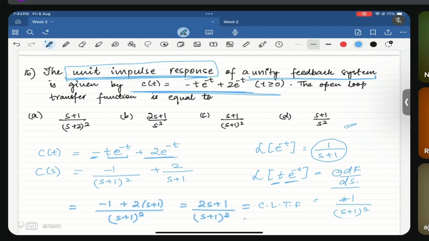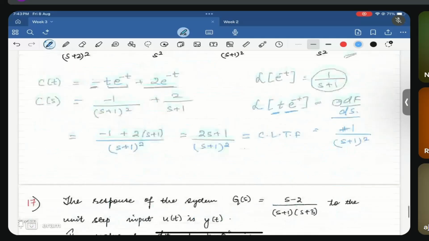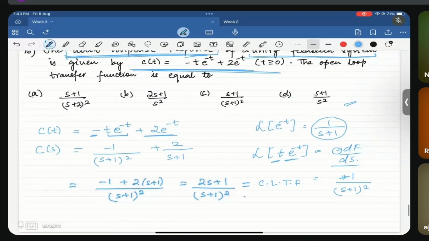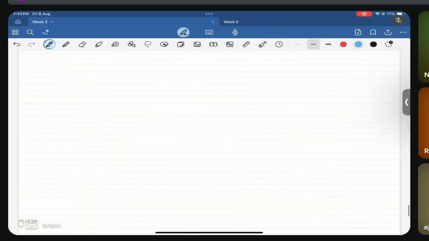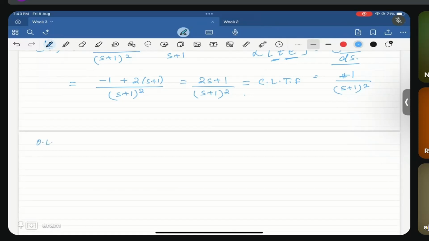So for this closed loop transfer function, we have to find out the open loop transfer function. Now what is the open loop transfer function? We have earlier seen the open loop transfer function is given as G(s) into H(s), if G(s) is the controller transfer function multiplied with the plant transfer function.